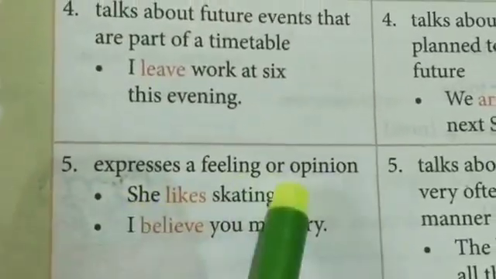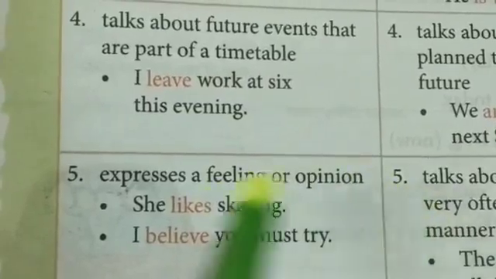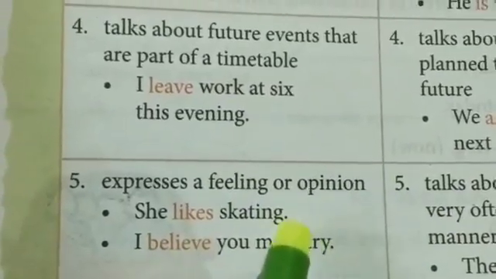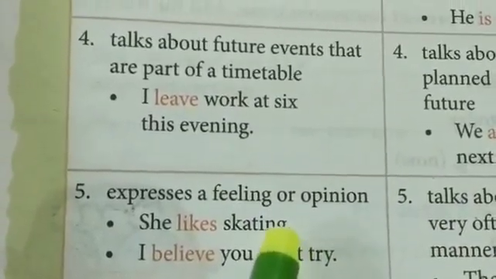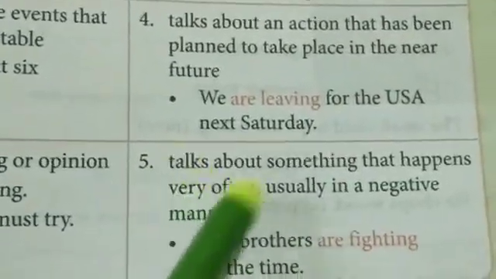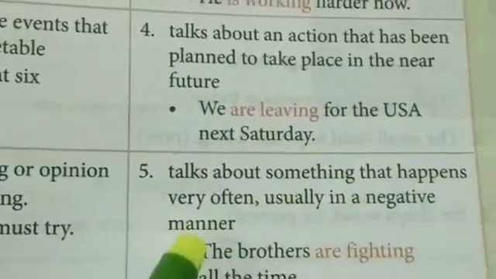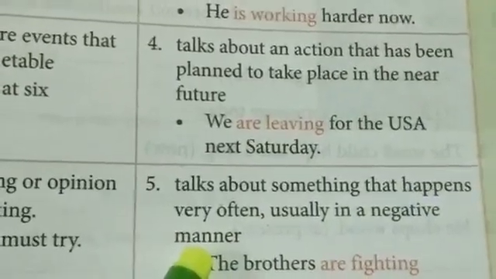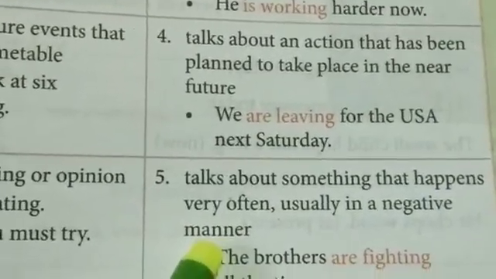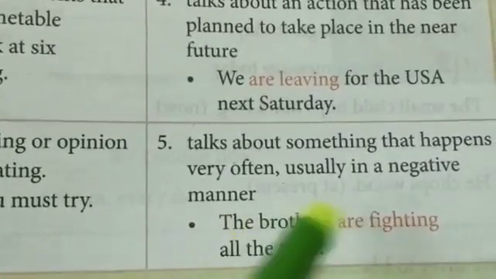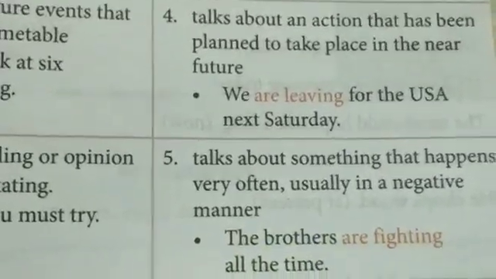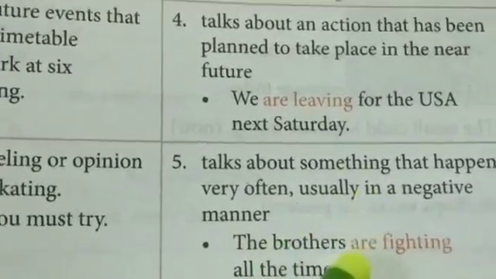It expresses a feeling or opinion. Like she likes skating. Okay. And present continuous tense talks about something that happens very often and usually in a negative manner. So the brothers are fighting all the time. So what are the brothers doing?